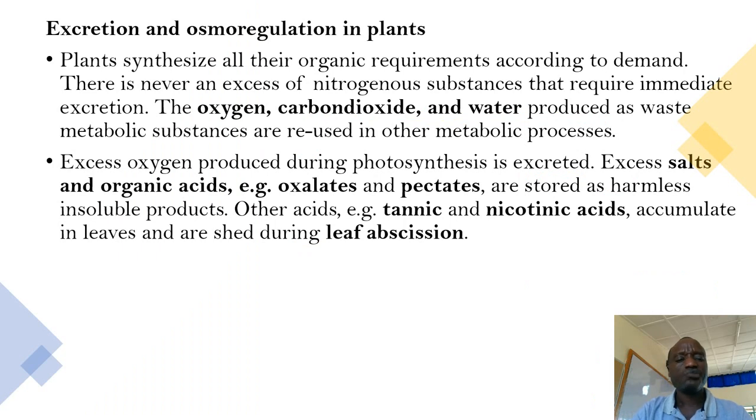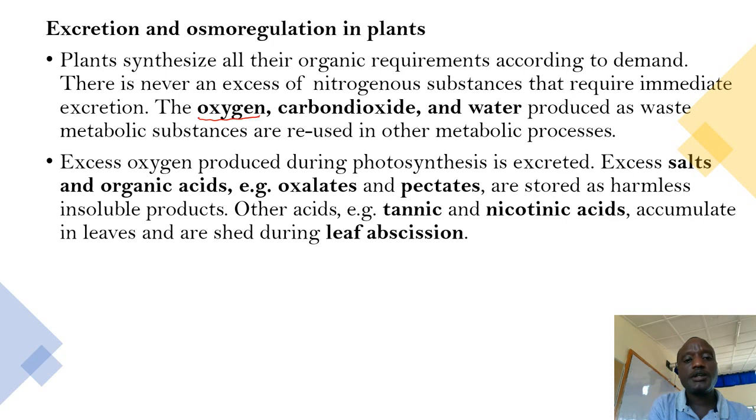Again, now moving to plants. How do plants discharge the waste products? You know, plants do synthesize different organic compounds according to demand, but there is never an excess of nitrogenous substance that requires immediate excretion. So what are the waste products here?